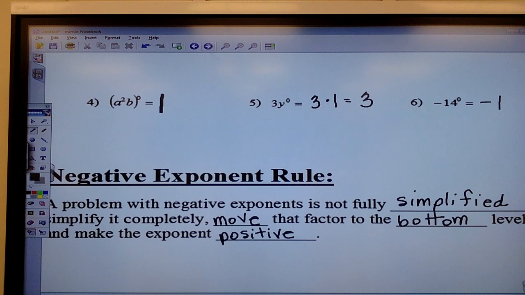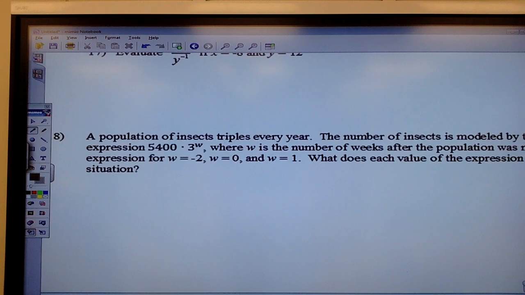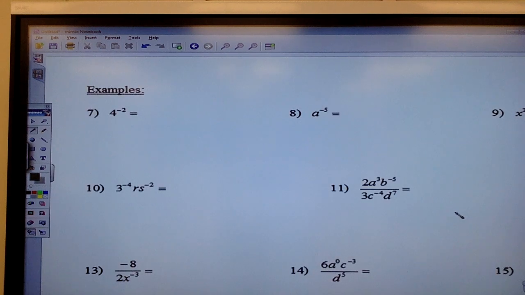All right, let's turn our papers over. Okay, let's look at the following examples to evaluate. So the rule says we don't want negative exponents. We must make it positive, so move it to the bottom of the fraction. Well, here you don't see a fraction, so you're going to make 1.